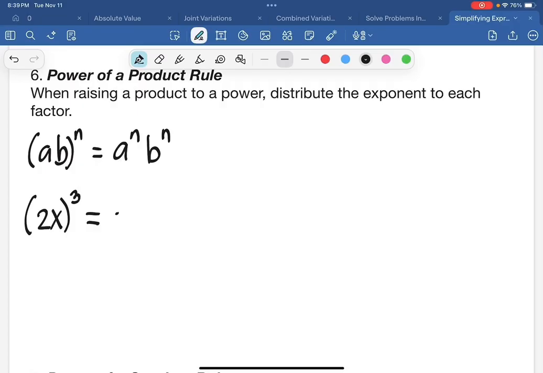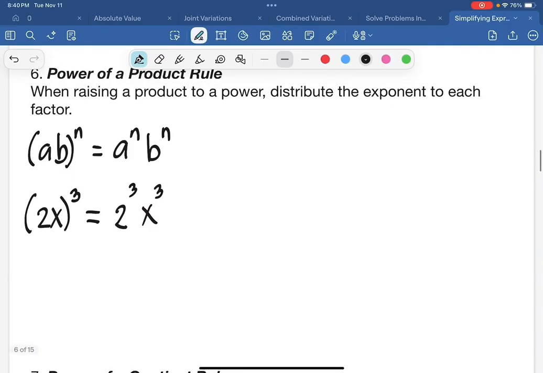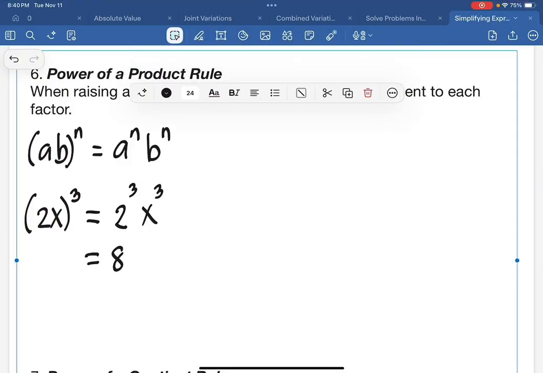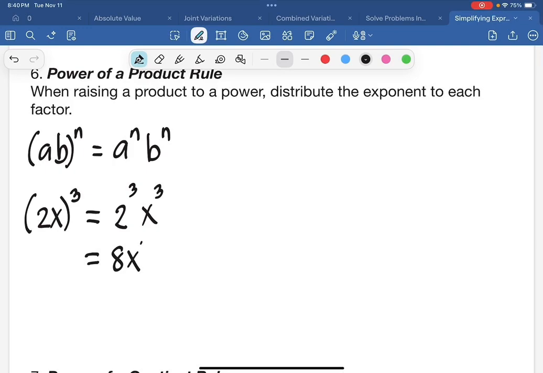So we have here 2 cubed and x cubed. Actually, we're not done yet with this one because we could still get the final answer for 2 cubed, which is 8. So 2 cubed, or 2 times 2 times 2, is 8. So the final answer would be 8x cubed.